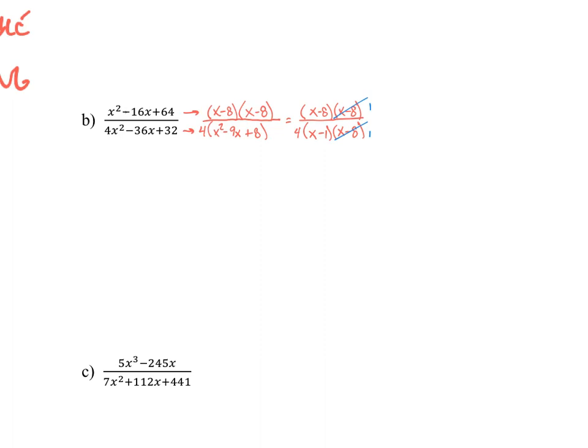That's going to leave behind a 1. So I will be left with x minus 8 over, and I'm going to bring that 4 back in here for my final answer, so 4x minus 4. We're going to put it back together in the end so that it's not all ripped apart. So once we factor everything and we're done, let's put it back together, and then we'll see that this is our final answer. Okay, last one.